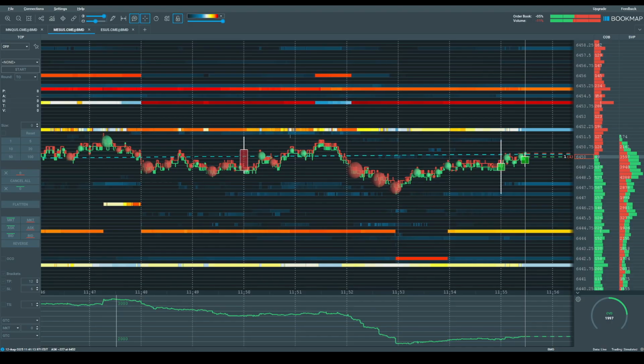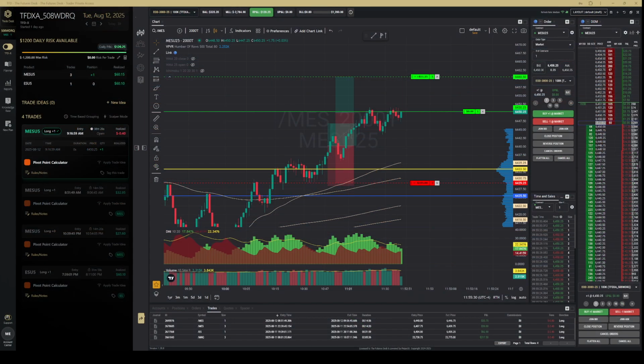The only thing that I don't like about it, obviously I haven't used this strategy enough to be a pro at it, no way, shape, or form, is that we have these three red volume bars, and it looks like volume is kind of starting to lean towards the bearish side.